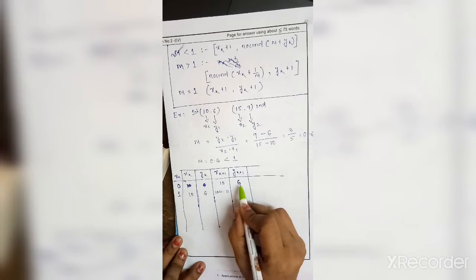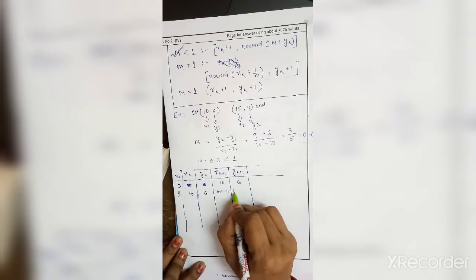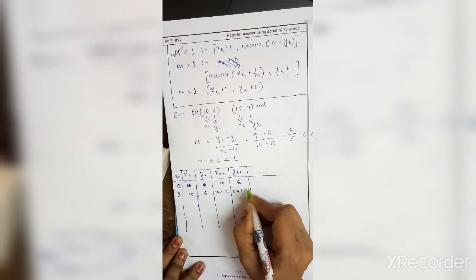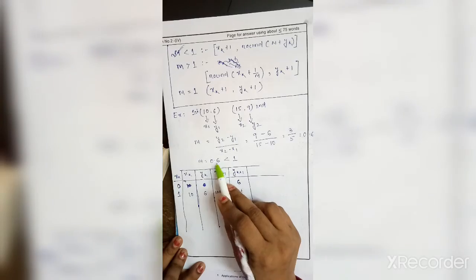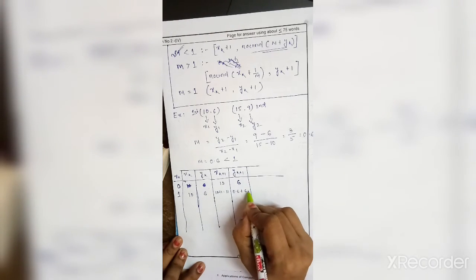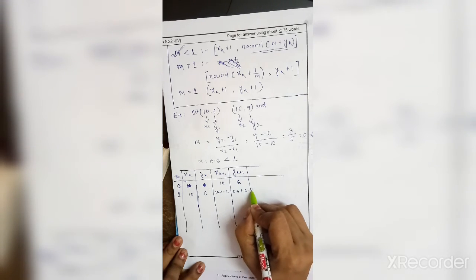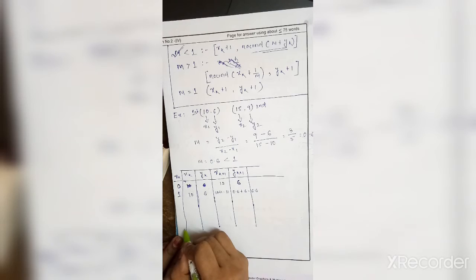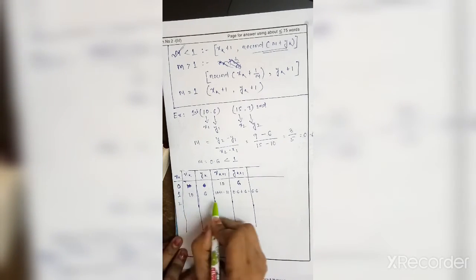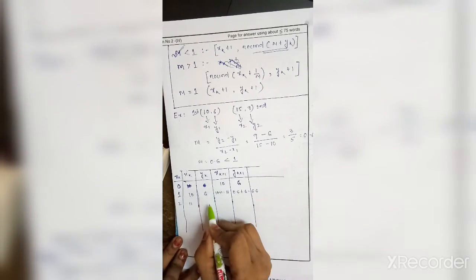Here yk plus 1 is m plus yk, that means 0.6 plus 6, equal to 6.6. Then second time, xk value is 11, yk value is 6.6.